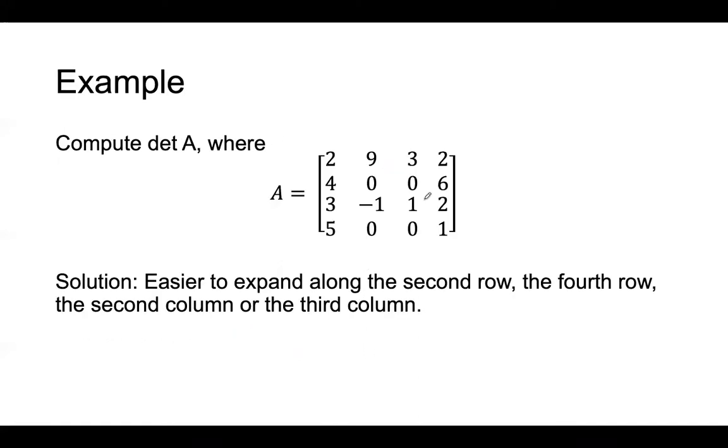So let's compute the determinant of this. You see that there are zeros in the second and fourth row, and the second and third column, like these zeros here I'm filling in. So we can choose which one we're going to expand along.